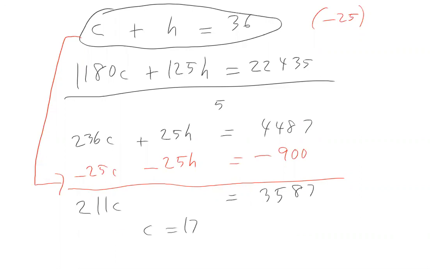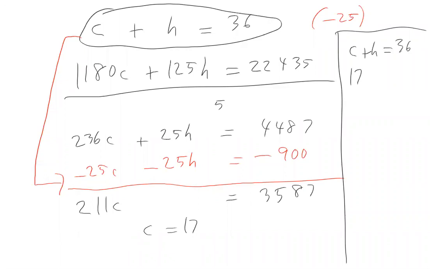Now, remember, the original equation said that C plus H equals 36, but I know that C is 17. So 17 plus H equals 36. So then I'll subtract the 17, and I'll get H equals 36 minus 17, that would be 19.